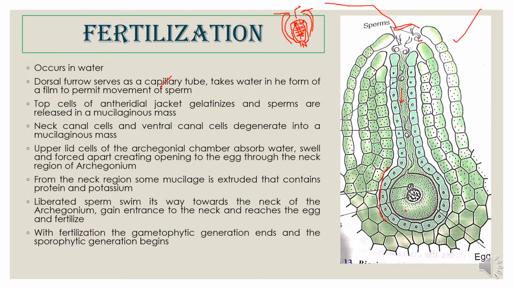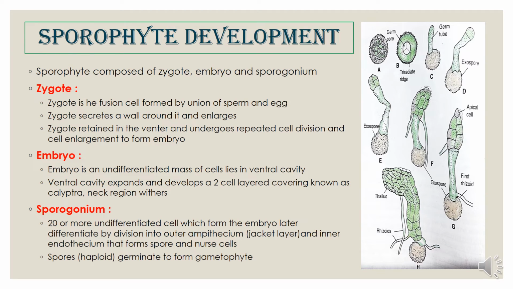However, the zygote is retained inside this venter. This is the venter of the archegonial chamber, and the zygote is retained within the venter, and the neck canal cells have degenerated. The jacket cells of the neck region also degenerate, and only the cells of the venter remain.